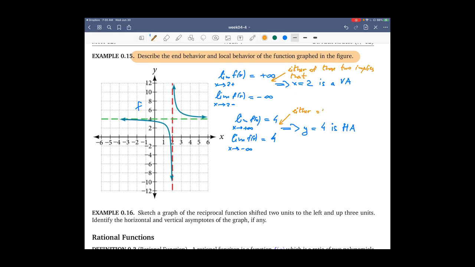Either of these two implies that y equals 4 is a horizontal asymptote.